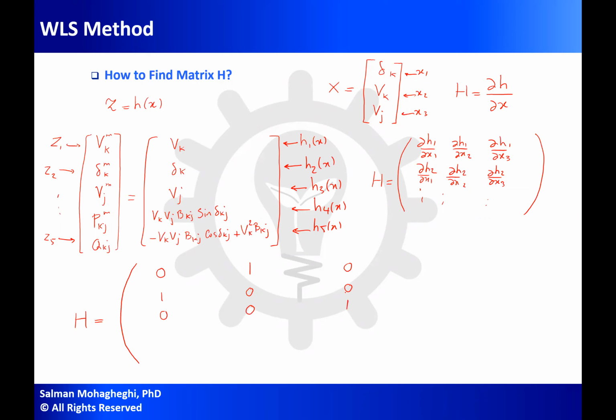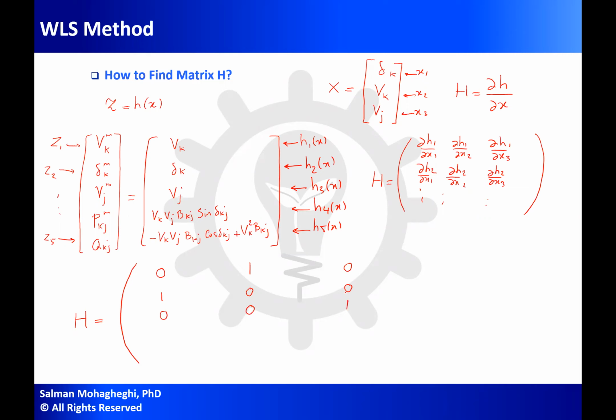So you have Vk Vj Bkj cosine of delta K minus delta J. The derivative of H4 with respect to Vk will be Vj Bkj sine of delta K minus delta J. And again, here I'm assuming delta J is 0, so it's really irrelevant, but I'm leaving it in the equations for completeness purposes.